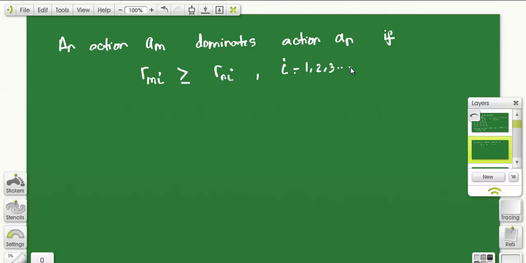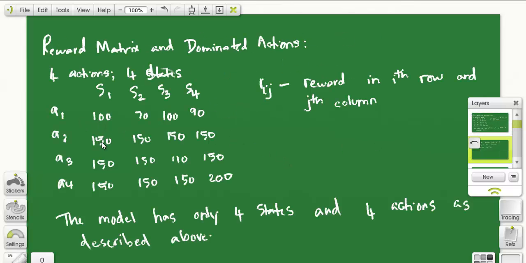In our case, there are only 4. And also, there exists at least one K such that R_MK is strictly greater than R_NK. In other words, you have to have all rewards greater than or equal to those of the action you're comparing to, and at the same time there has to be at least one reward which is strictly greater. So let's go back to our matrix and let's observe A1 and A2.